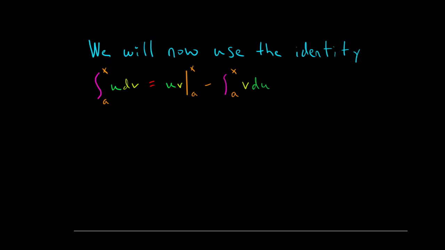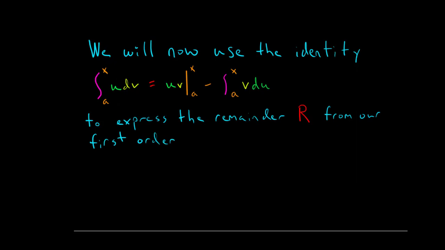We're going to use that identity seen in integration by parts to express our remainder, the remainder r, which we saw in our first order Taylor series approximation.